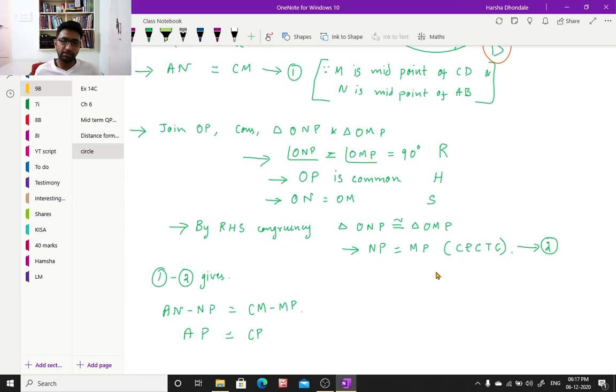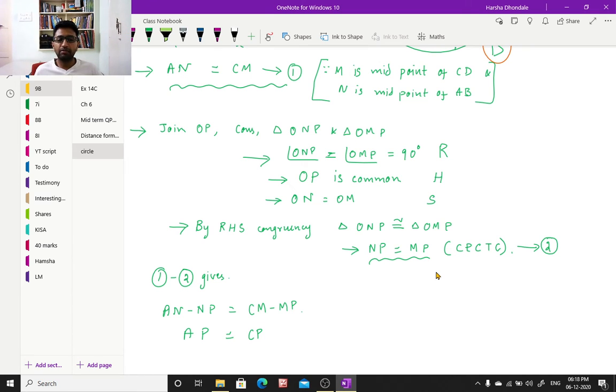Using CPCTC, which is corresponding parts of congruent triangles are congruent. Now consider this result 1, AN is equal to CM, and this result 2, NP is equal to MP. 1 minus 2 gives AN minus NP is equal to CM minus MP.